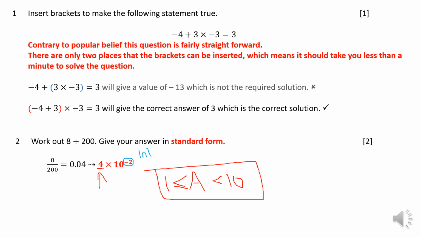An integer, as you know, is a negative whole number, a positive whole number, as well as 0. So you can't have 10 raised to the power of something like a decimal. The correct answer there was 4 times 10 raised to the power of negative 2.